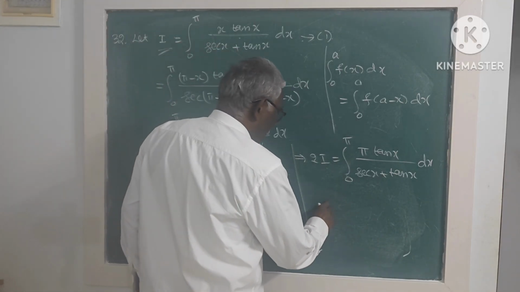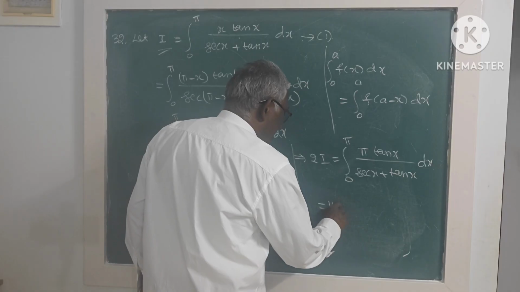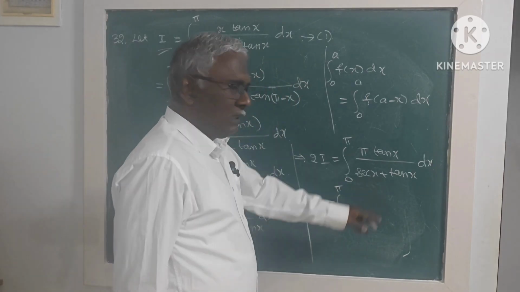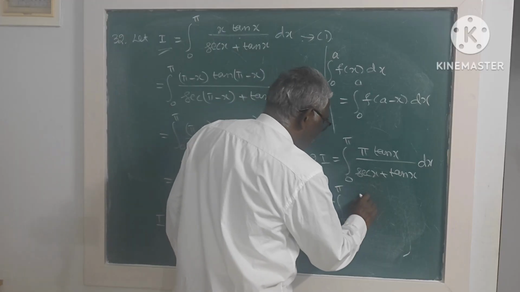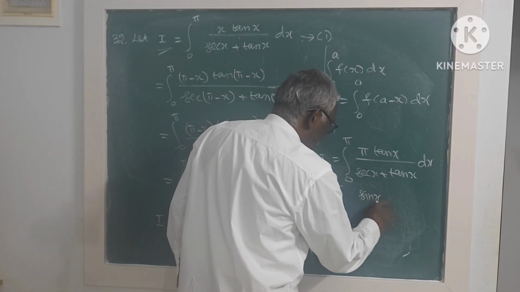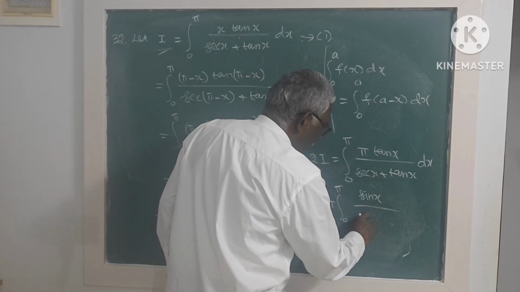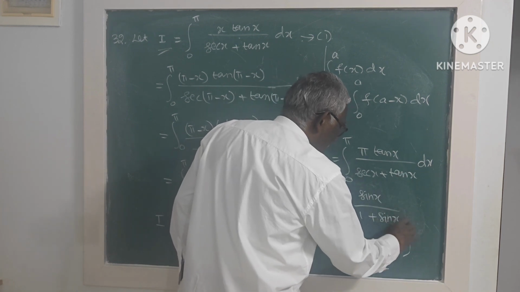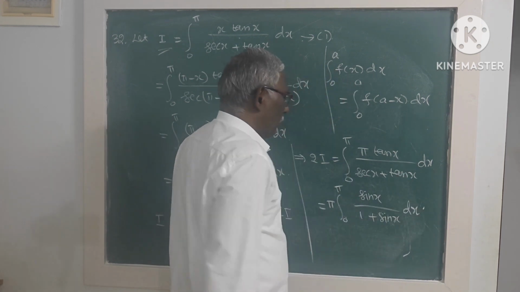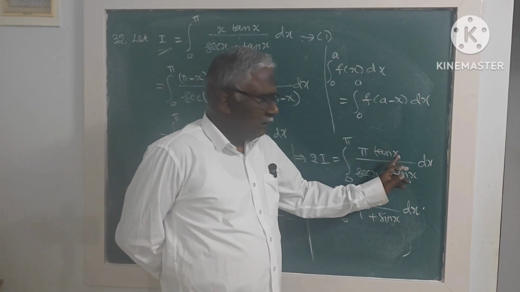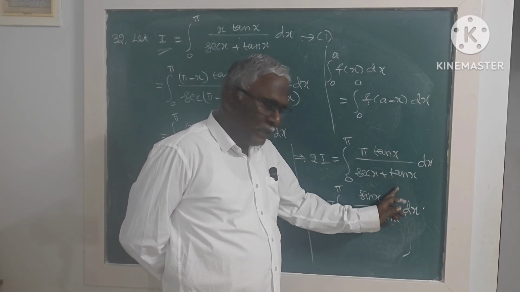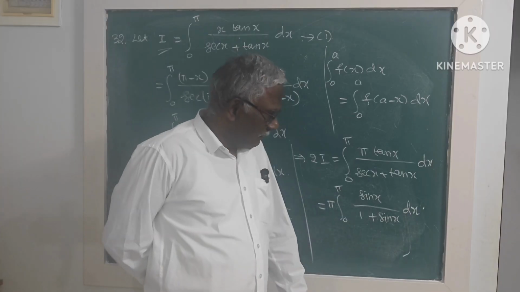So this is equal to pi, 0 to pi, tan x is sin x by cos x, and secant is 1 by cos x, sin x by cos x dx. So tan x is sin x by cos x in the numerator, 1 by cos x plus sin x by cos x in the denominator, so the cos x gets cancelled.